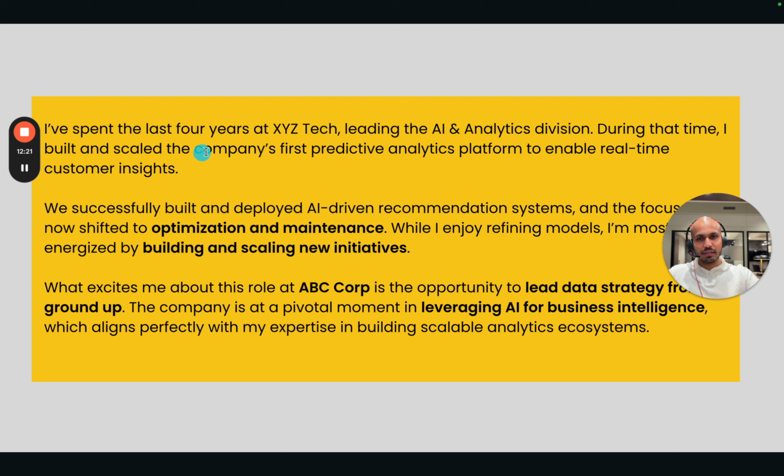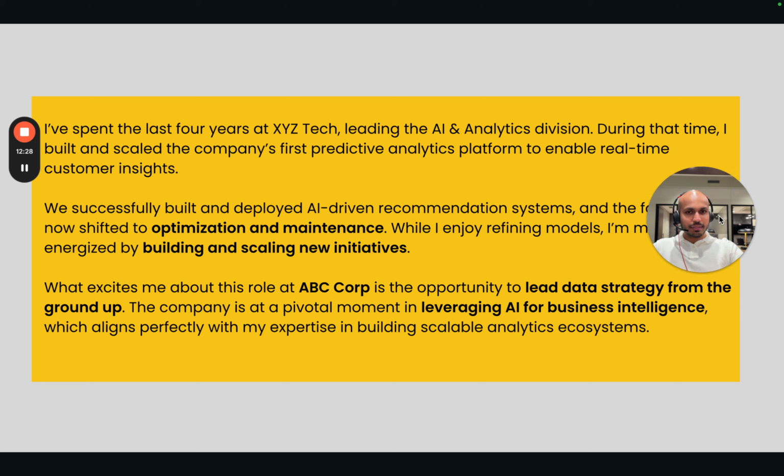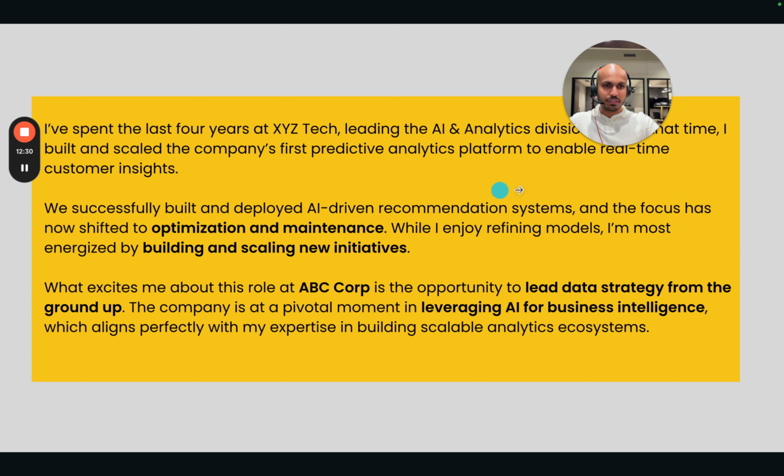During that time I built and scaled the company's first predictive analytics model to enable real-time customer insights, and here's the pivot, right? While we successfully built these recommendation systems, the focus has now shifted more towards optimization and maintenance, right? While I'm enjoying refining the models, I'm most energized by building and scaling new initiatives. That's my forte, right? And that is that natural transition that I was talking about.